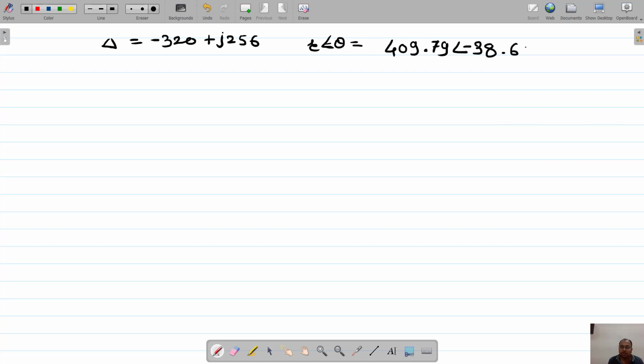Okay, so this is the value of the angle. So this is nothing but your delta in terms of r and theta, that is coming as 409.79, and the angle is minus 38.65. So remember this value.